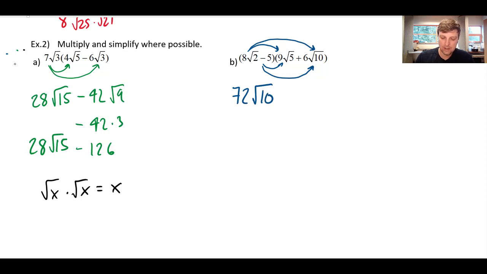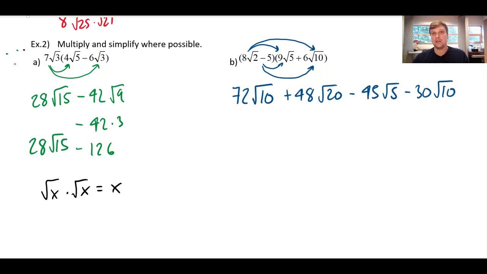And then 8 root 2 times 6 root 10 is going to be 48 root 20. Negative 5 times 9 root 5, well, there's no radical there, but I can still just multiply the coefficient. So that's going to be minus 45 root 5. And then negative 5 times 6 root 10 is going to be minus 30 root 10.